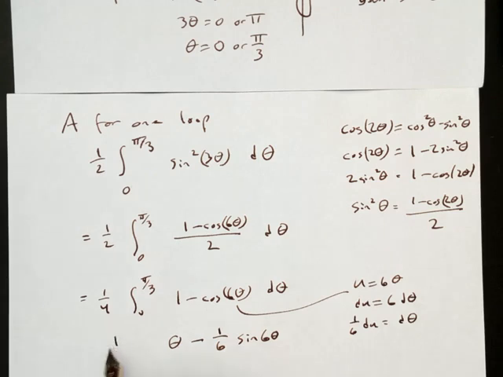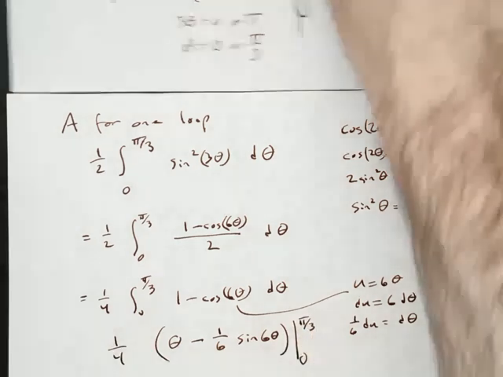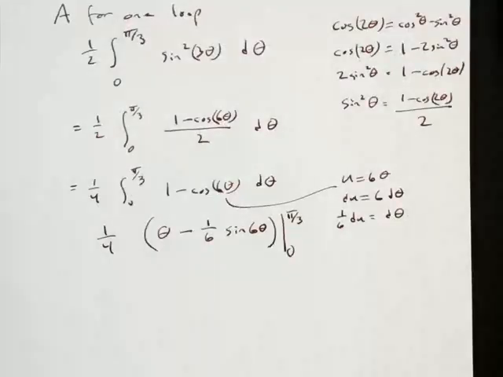Oh, don't forget there's still that 1/4 out in front. And then this whole thing gets evaluated from 0 to pi over 3. Plug it in and tell me what you get.